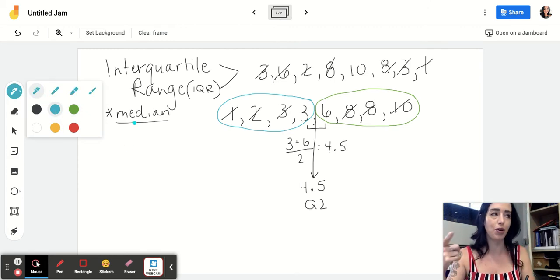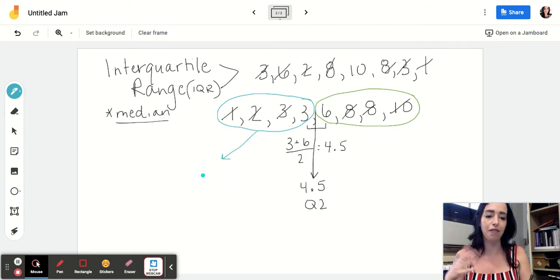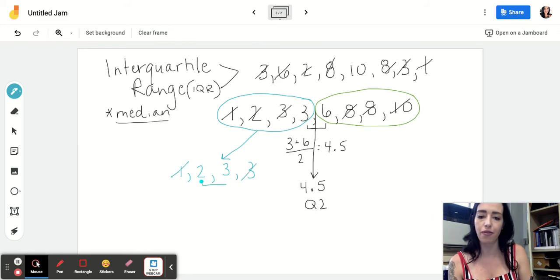Okay, we still have a couple more steps that we need to do. So what I'm going to do is I'm going to take this lower half and I'm going to find the median of the lower half. Okay, so I have 1, 2, 3, and 3. All right, so again, I would cross out. I'm left with 2 and 3 in the middle. 2 plus 3.